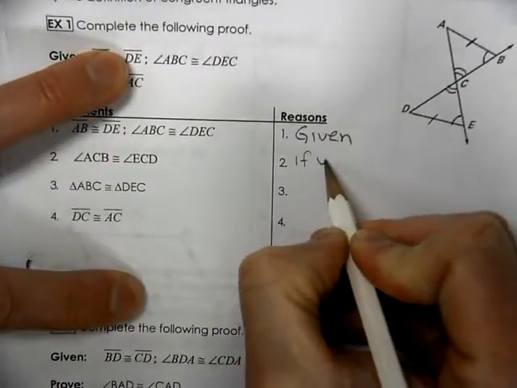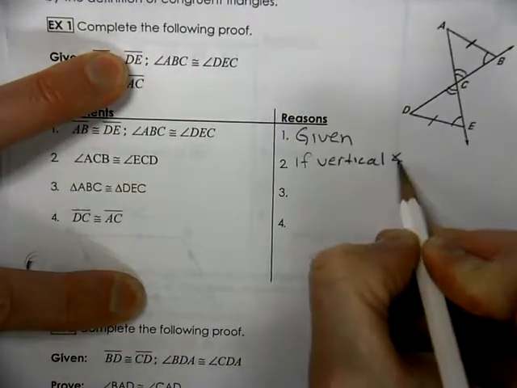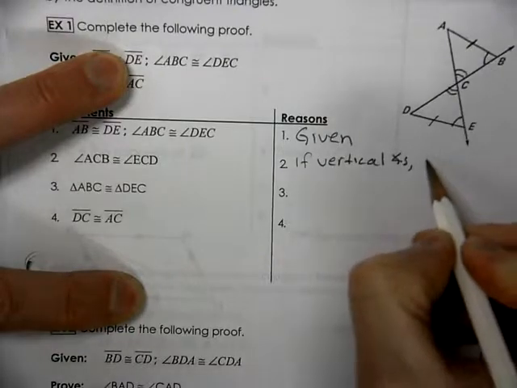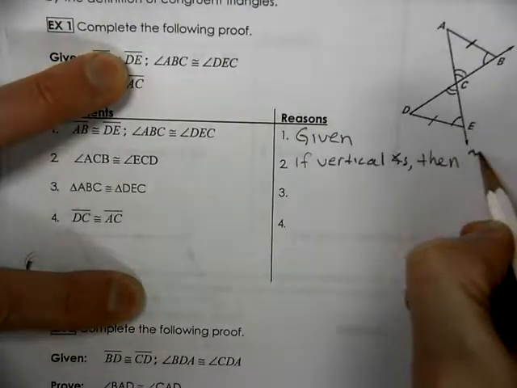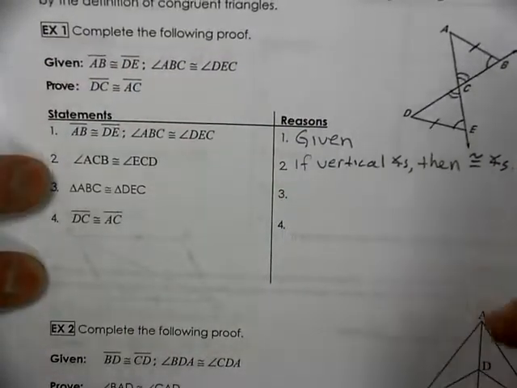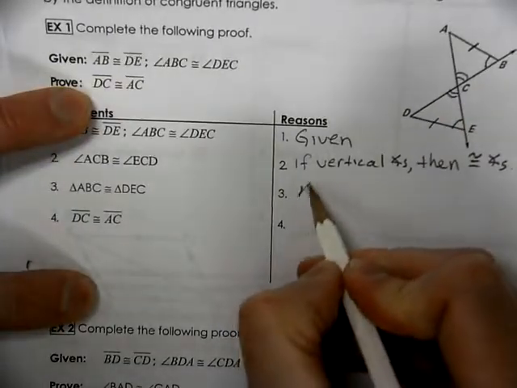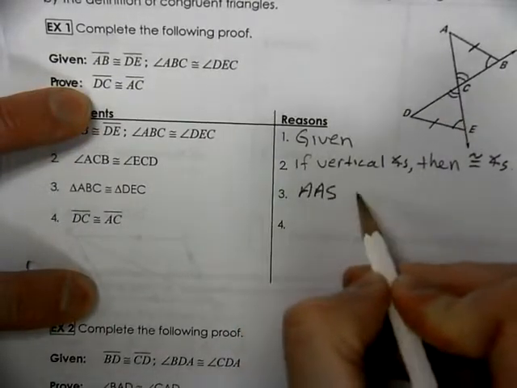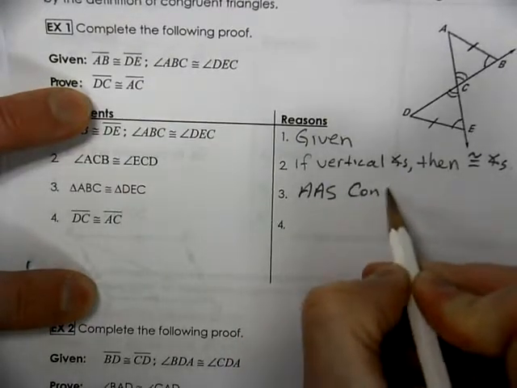If vertical angles, then congruent angles. That gave me enough information to call the triangles congruent by angle, angle, side congruence.